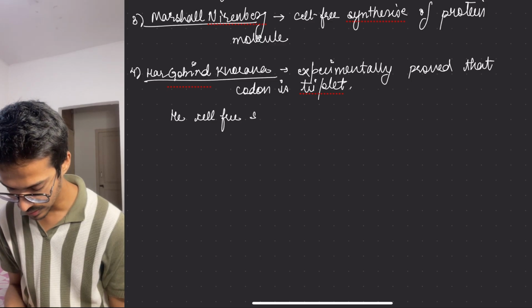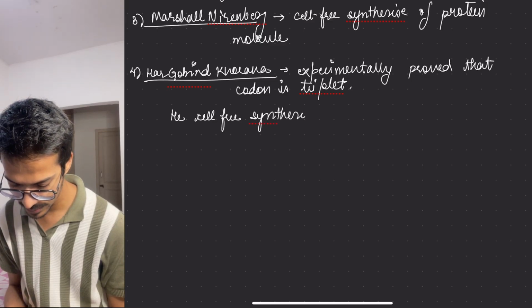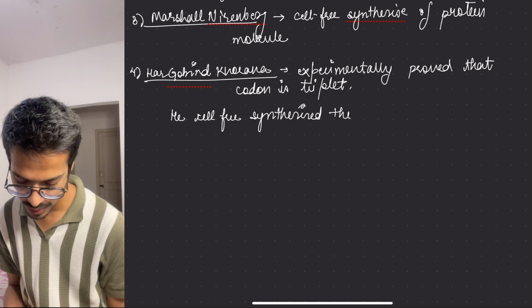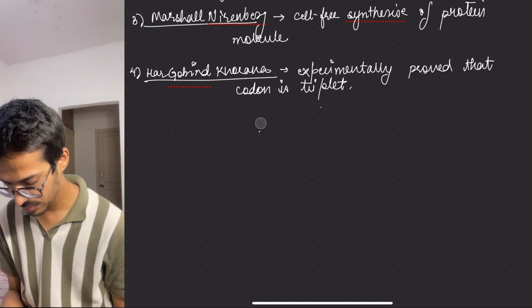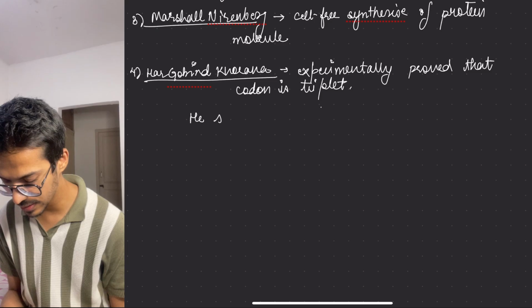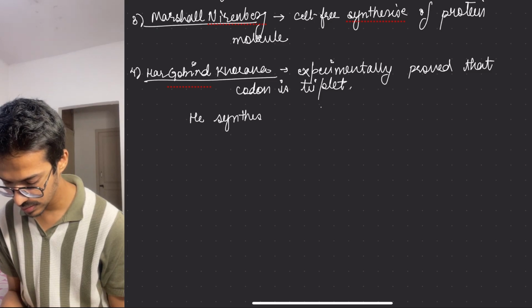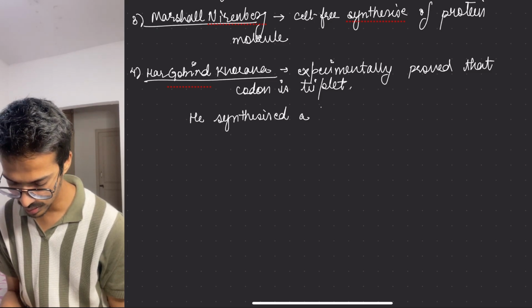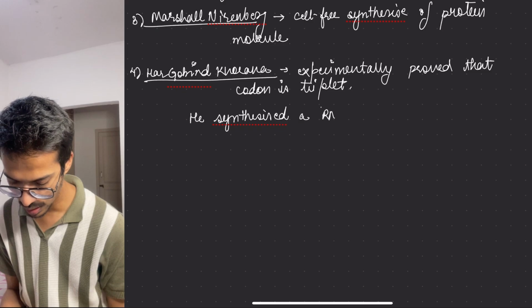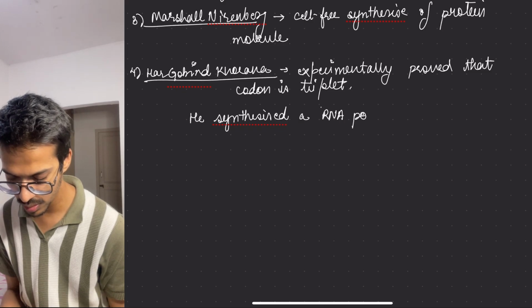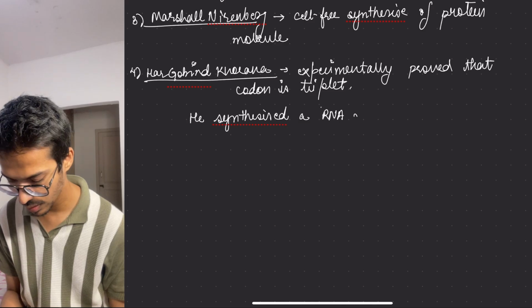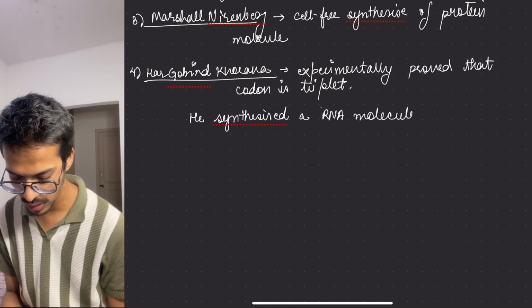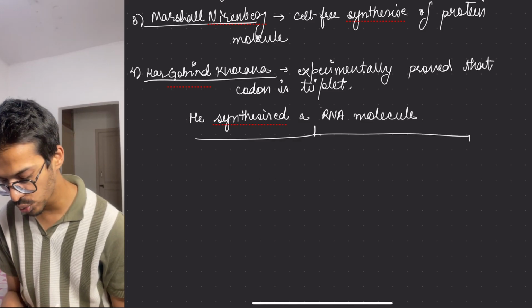He cell-free synthesized, first, an RNA molecule. So which type of RNA molecule? Two different types.